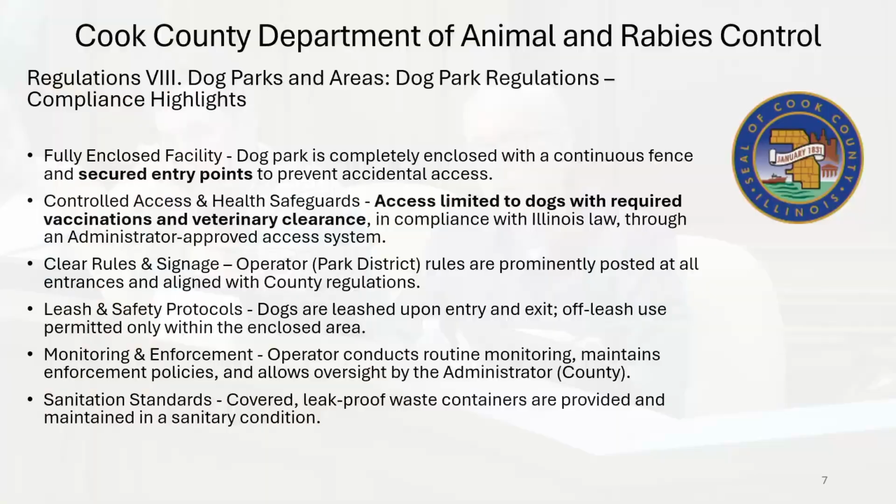That's how it's managed. So I'm trying to recall what you said, Costa, about the need to have the double gates, because you wanted a staging area where you could check people's vaccinations and make sure they were letting in a dog that had been appropriately approved and had all its shots. Is that what I heard you say? It's a requirement of the Cook County Department of Animal and Rabies Control, which I brought this slide up for. If you look at the second bullet point, that is the driver for the need of the double gate entry.